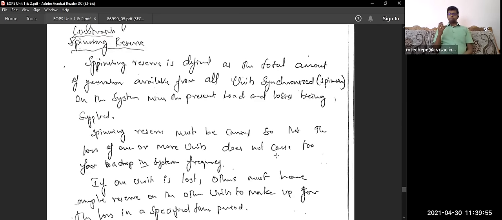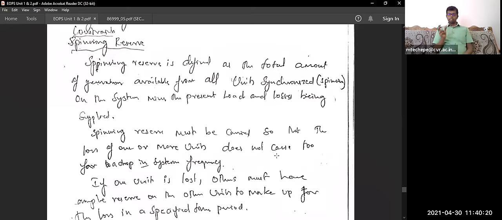So if the demand is very high, higher than the generation, say 500 megawatt is the generation and the demand is 510 megawatt. 510 megawatt is the demand, but generation is only 500 megawatt. So 10 megawatt is the deficit.